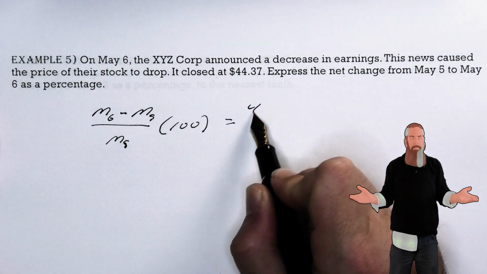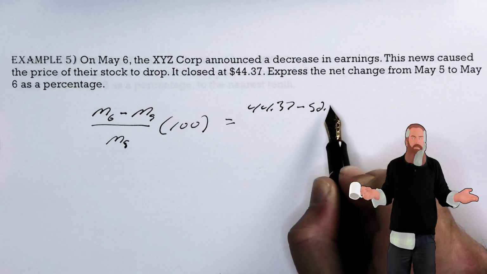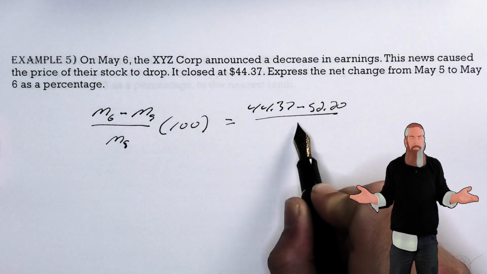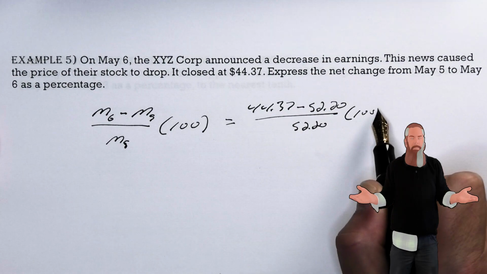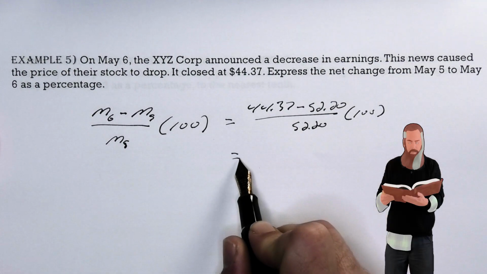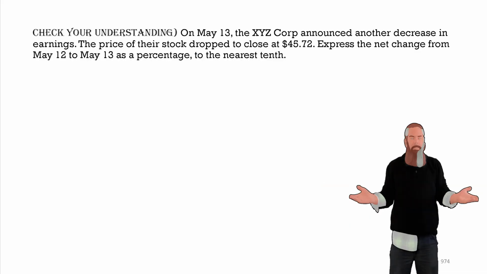Or we might call it $44.37 minus $52.20 divided by $52.20, all multiplied by 100, which means that we're going to wind up with a negative 15%.